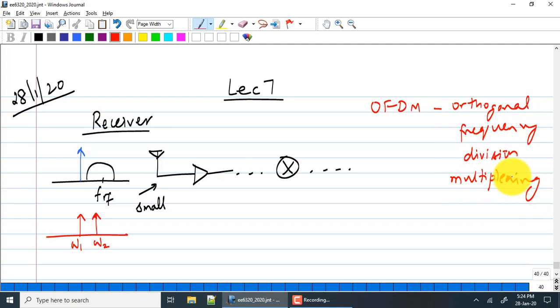OFDM was discovered probably about 20 years ago. Okay, and now it has become so powerful that it is being used in a lot of high data rate systems. Okay, the basic idea is very simple. Now we are taking a very strong right turn into communication systems, but that's okay.